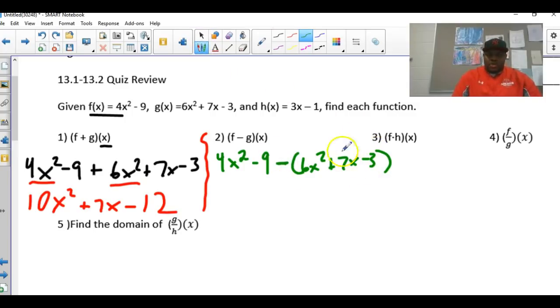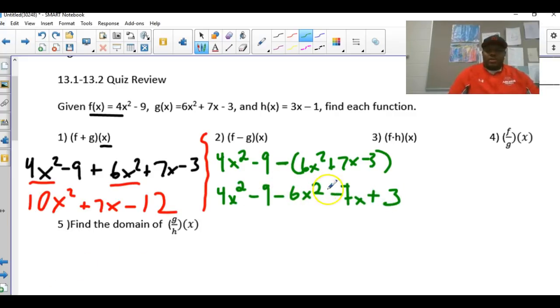So you have 4x squared minus 9 minus 6x squared minus 7x plus 3.